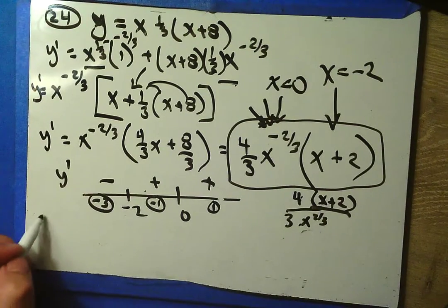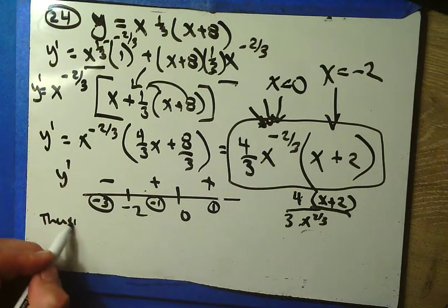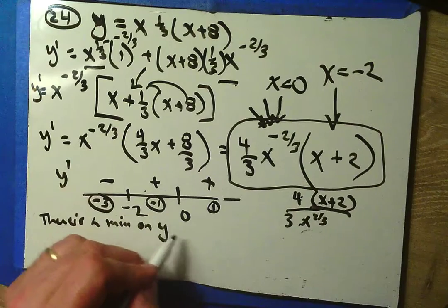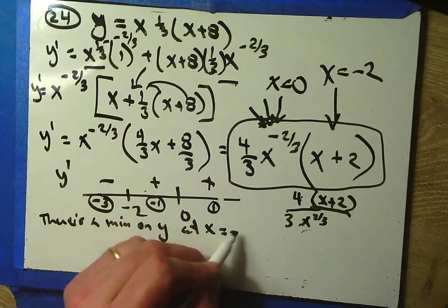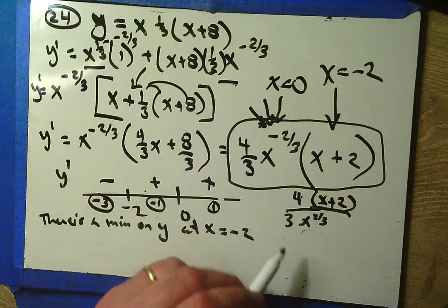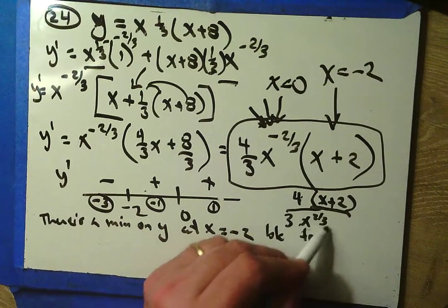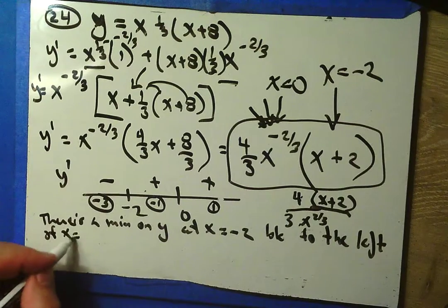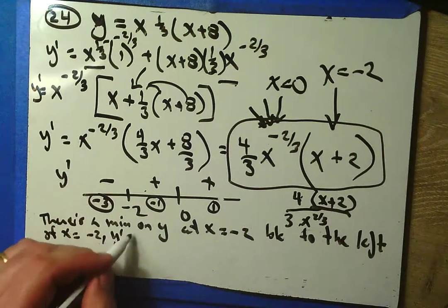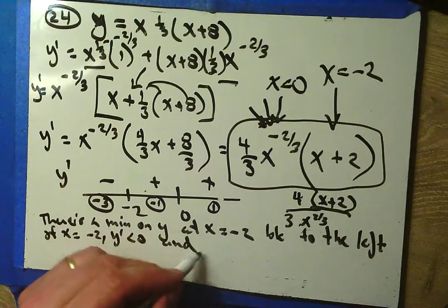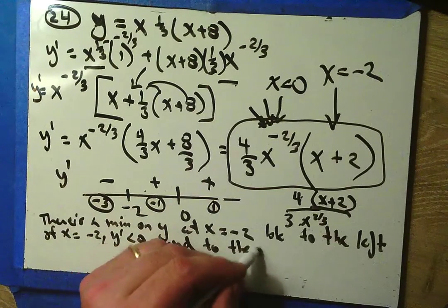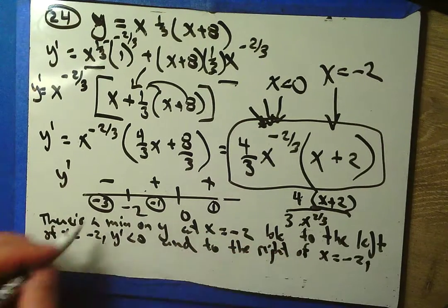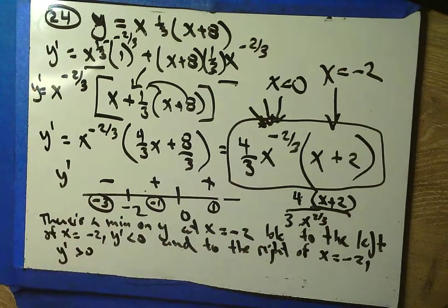We see there is a min on y at x equals -2, because to the left of x equals -2, y prime is less than 0, and to the right of x equals -2, y prime is greater than 0.